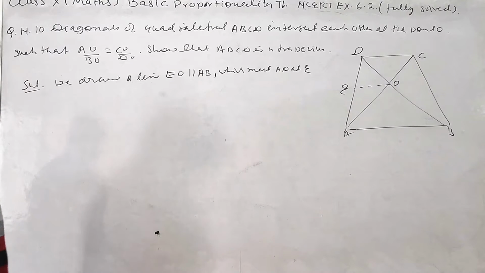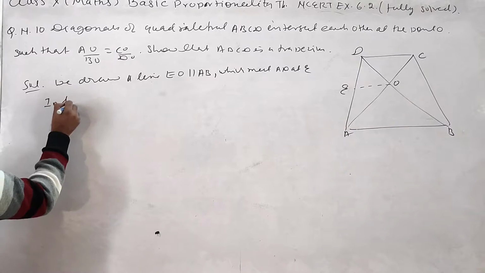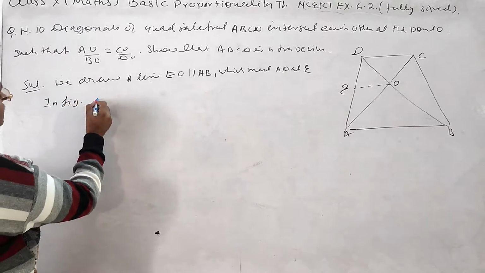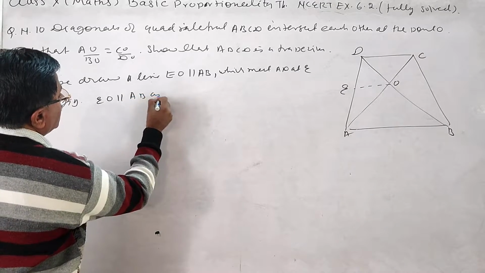This is our construction. So you can write in the given figure, EO parallel to AB as our construction.